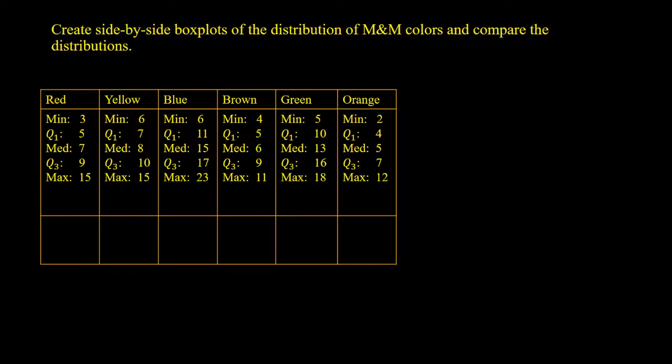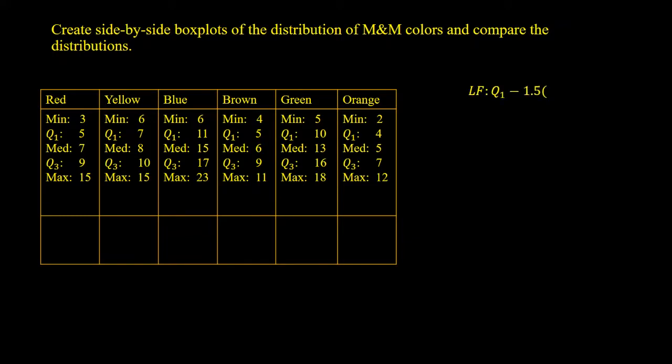Compute side-by-side box plots of the distribution of M&M colors and compare the distributions. So we went ahead and provided you with all of the 5-number summaries. And then we want to make sure we calculate the upper and lower fences before we do the box plots. So remember, our lower fence is Q1 minus 1.5 times the IQR.